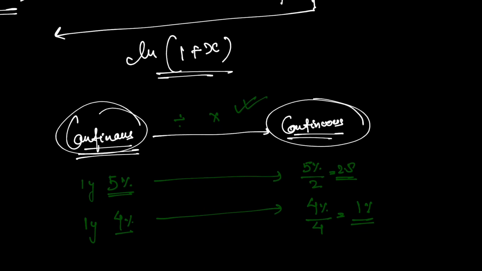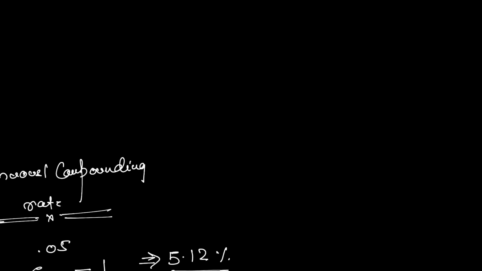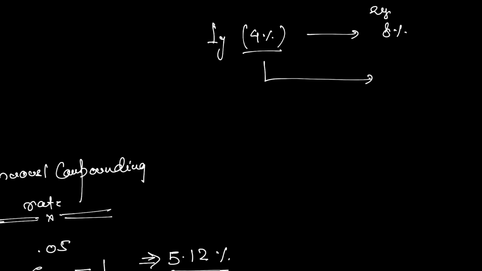If you have the continuous rate of 1 year, which is 4%, and you want the continuous rate of 2 years, then it is 8%. For 6 months, it would be 2%. For 1 month, it would be 4 upon 12, that is 1 by 3%.